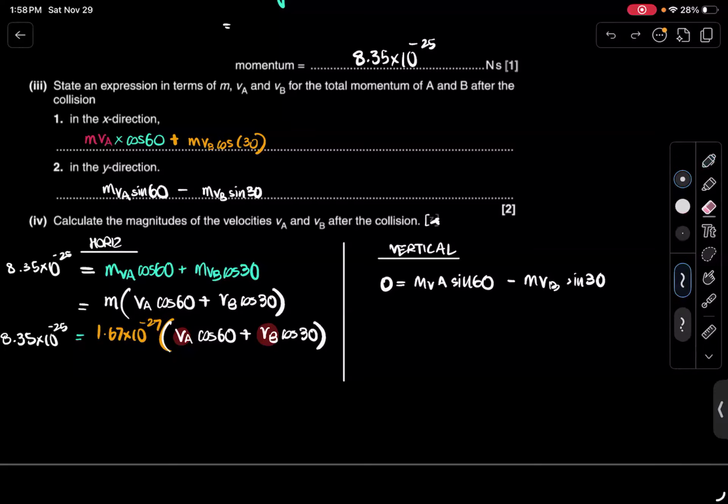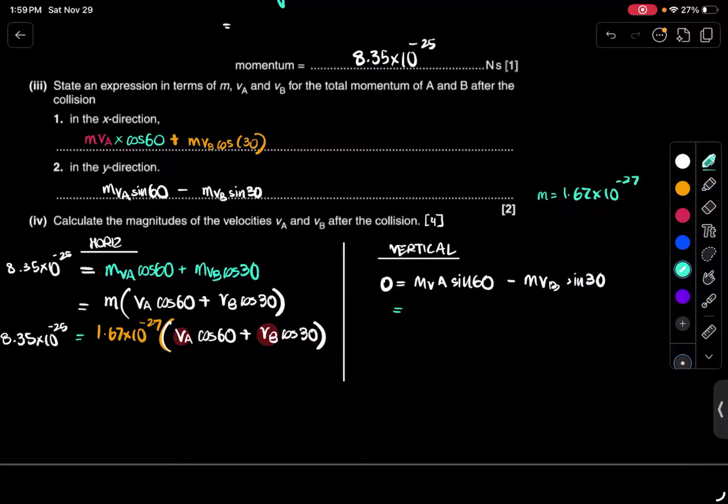In fact, sorry, this was not a 3-mark question. This was a 4-mark question. Now, listen very carefully. What is m into VA? We don't know what V is. But the mass is 1.67 into 10 to the power minus 27.